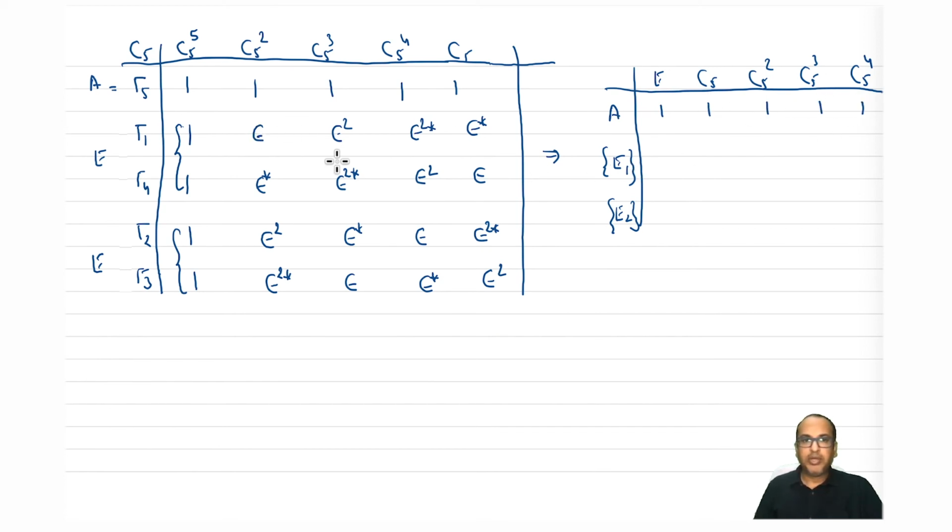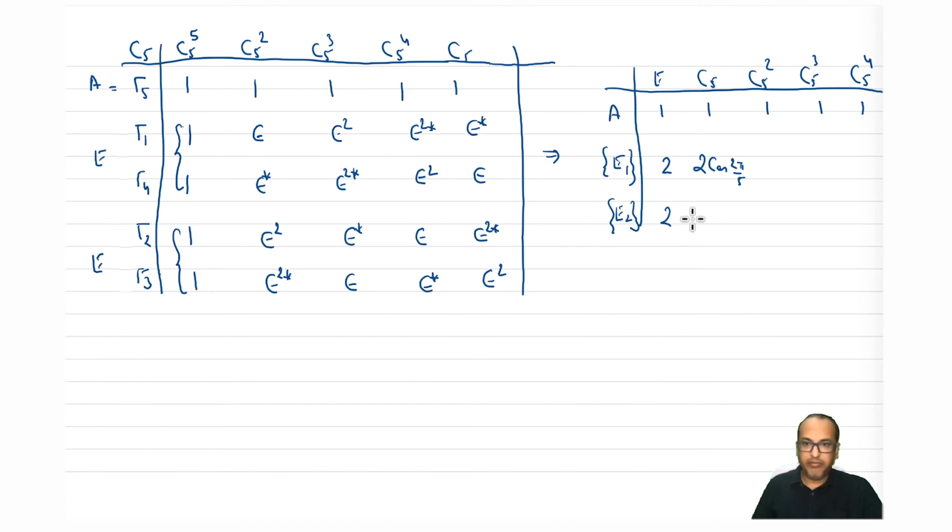Now 1 plus 1 will be 2, and 1 plus 1 will be 2, and now if you sum over epsilon and epsilon star, the sine term will go and the cos term will add up, because this is a complex conjugate pair. So this would mean that for epsilon I have 2 cos 2 pi by 5.